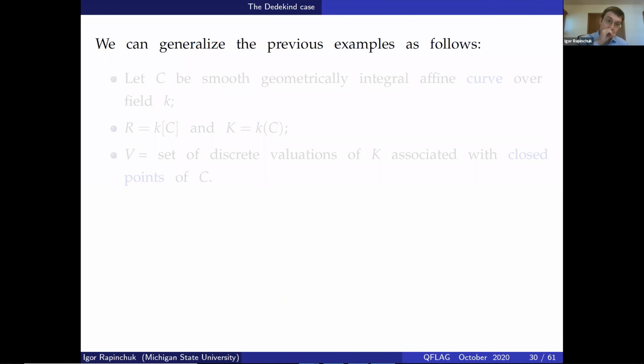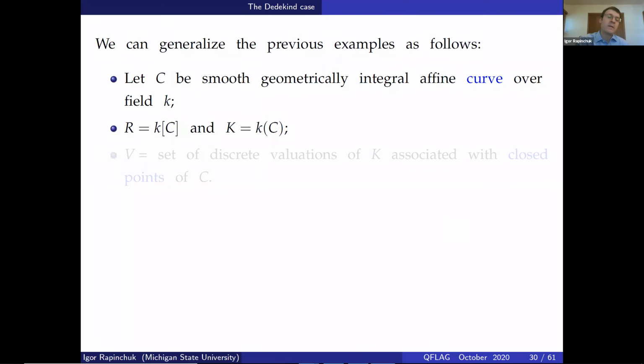But now, so we have these examples of groups over the affine line and the punctured affine line, and we can imagine a common generalization that looks something like this. We can look at a smooth geometrically integral affine curve C. Then as our ring, we can take the ring of regular k-defined functions on C, and as our field, capital K, we take the function field.